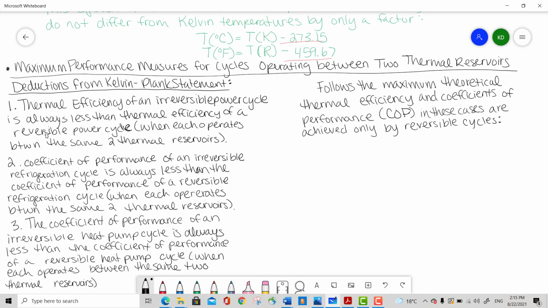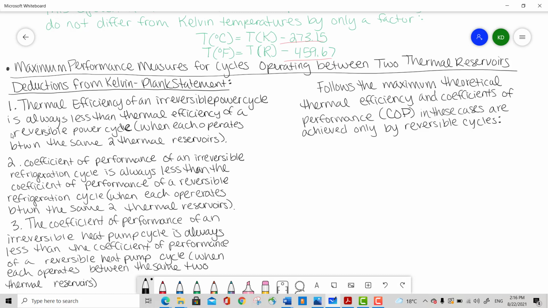And then you can see from all of those that it follows the maximum theoretical thermal efficiency and coefficients of performance in these cases are achieved only by reversible cycles.